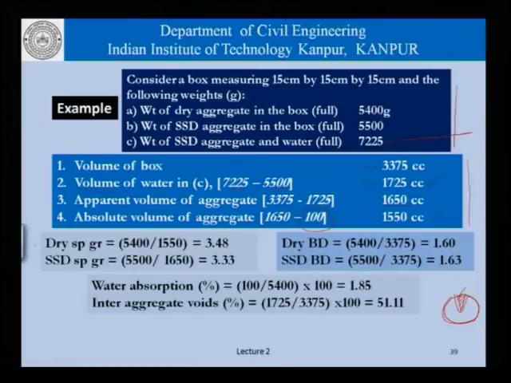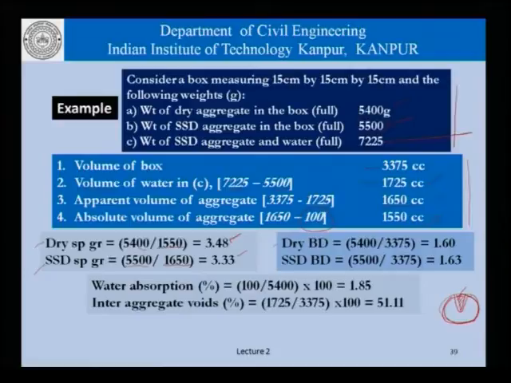Now, we can calculate the dry specific gravity of the aggregate sample as 5400, which is the mass of the dry coarse aggregate, divided by 1550, which is the absolute volume of solids as far as aggregates are concerned, and we get this number. SSD specific gravity is 5,500, which is the mass here, divided by 1650, which is this total volume, and we get this number.